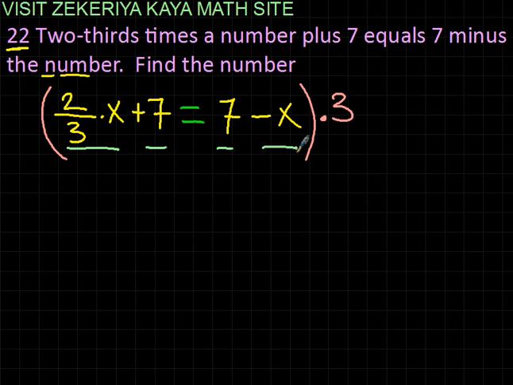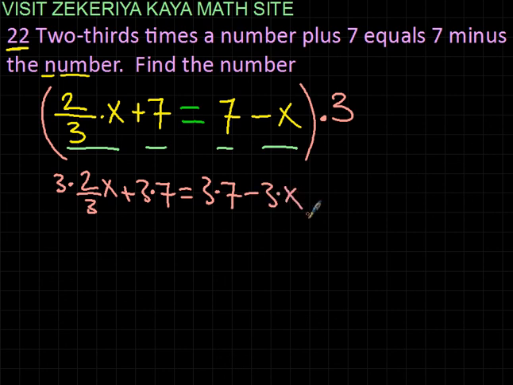There are 4 things, and we multiply each of them by 3. Look at that. 3 times the first thing, 2/3 x, plus 3 times 7 equal to 3 times 7 minus 3 times x. We multiply everything by 3.